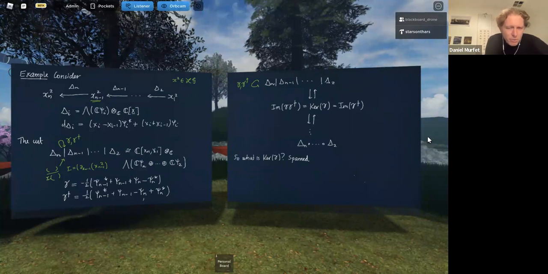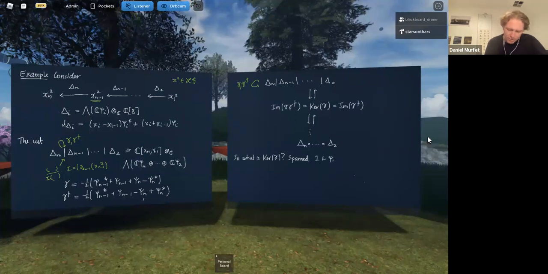Look at the exterior algebra generated by two generators, psi_n and psi_{n-1}, and see if you can compute the kernel of gamma. And after a bit of playing around, you should come up with the following generators for that kernel. You can see, just for dimension reasons, that it has to have dimension 2.